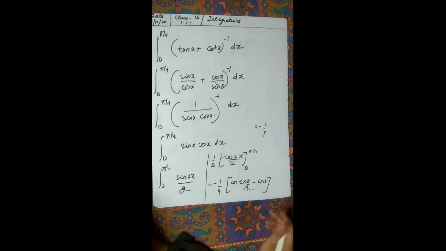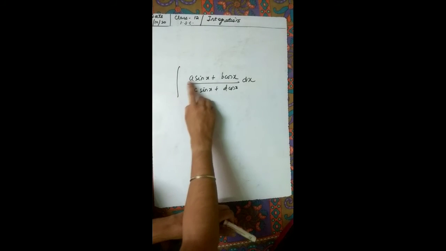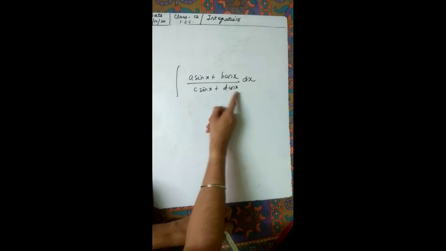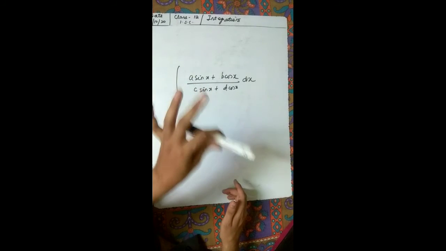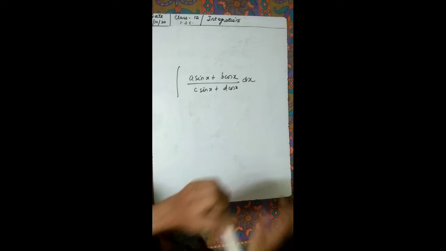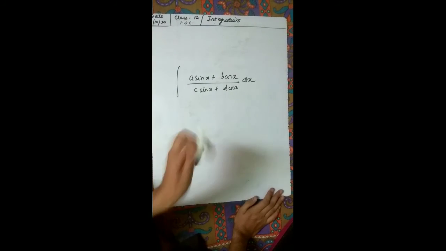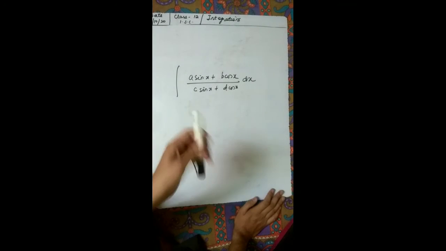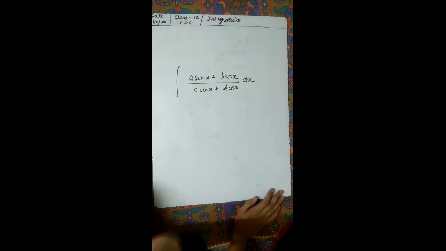Okay, so let us do some more questions. Just listen to me. See, the questions of this type, a sin x plus b cos x upon c sin x plus d cos x, no need of doing this question, because such type of forms are also excluded in the latest ISC syllabus. In the previous lecture, I have taken some of the topics which are not included in the latest revised ISC syllabus. Alright, so no problem.